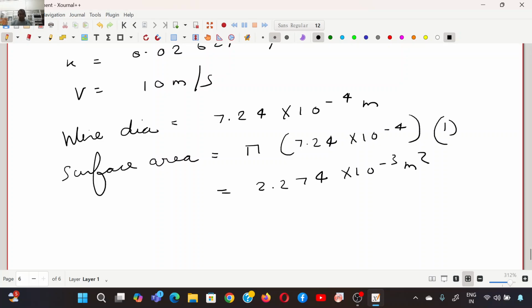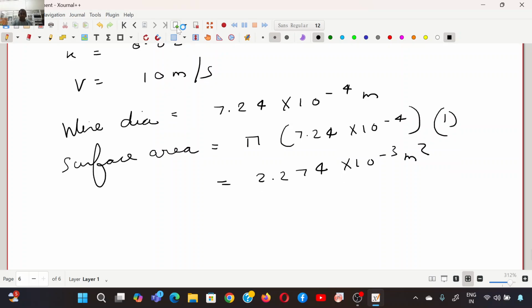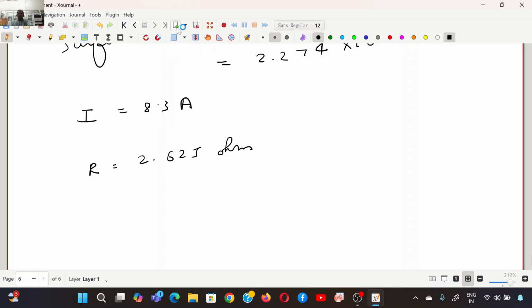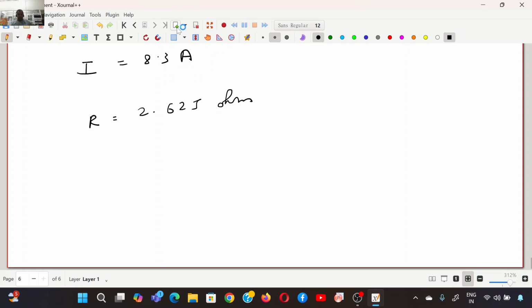Area is this. Current is what? 8.3 ampere. Resistance is 2.625 ohm. So what's the heat generated? It is I square R now. If you remember electrical systems, it's just I square R.